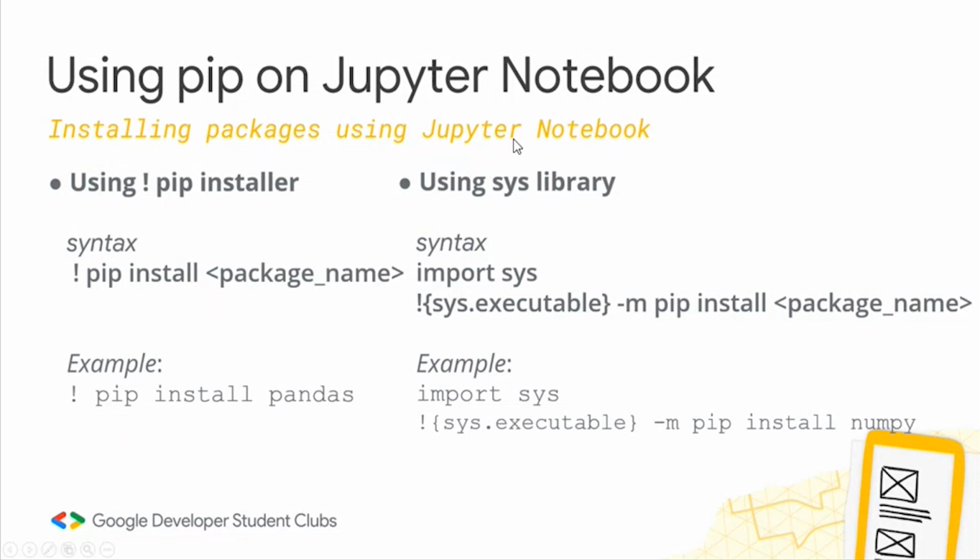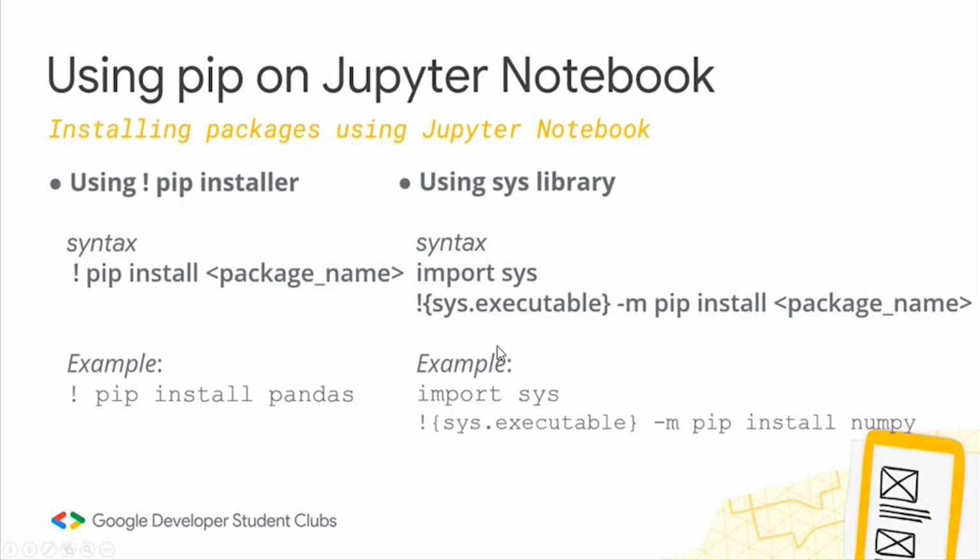You could also use the sys library, where the syntax is as follows. You have to import the sys module first, and then write exclamation mark, curly braces sys.executable, closing the braces, -m pip install and the name of the package.